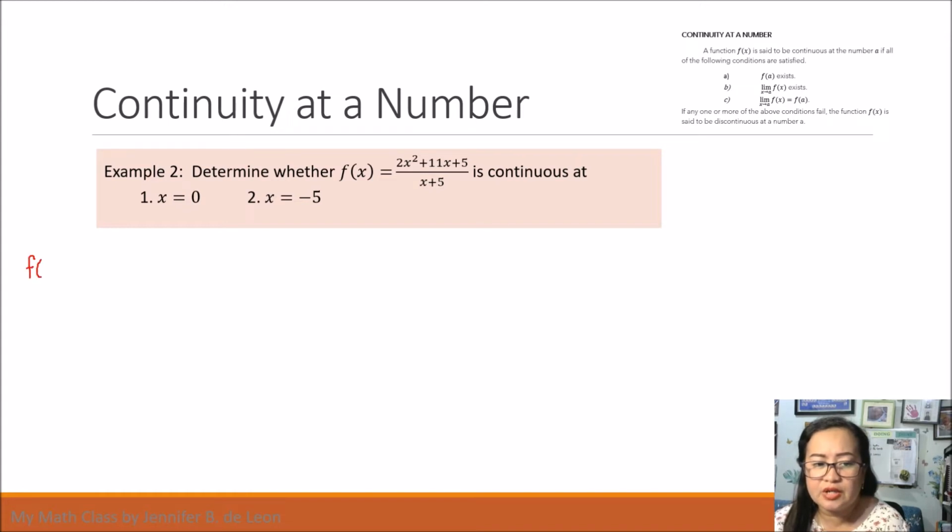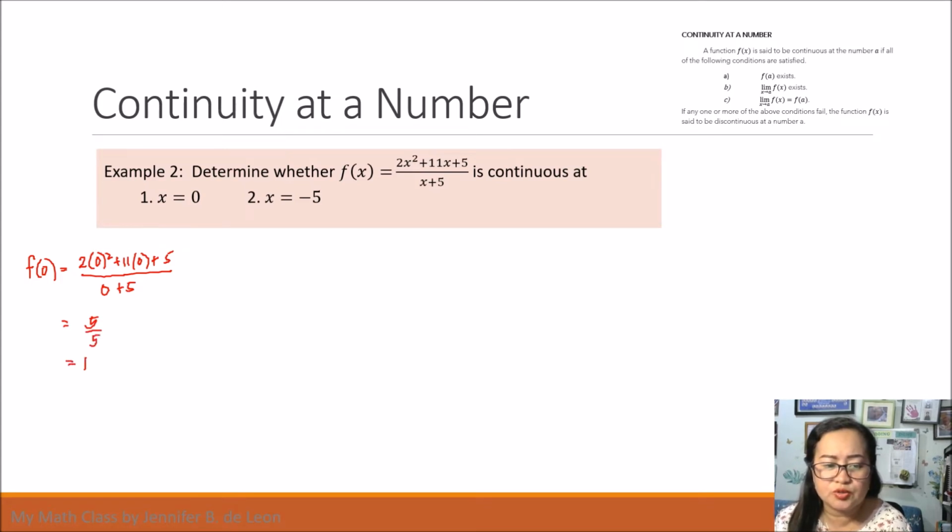We evaluate f of 0. So we will have 2 times 0 squared plus 11 times 0 plus 5 all over 0 plus 5. Simplifying this, we arrive at 5 over 5, which is equal to 1.